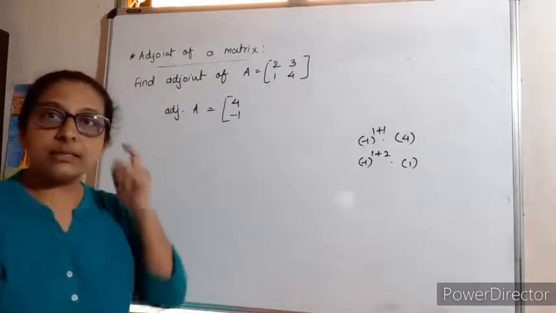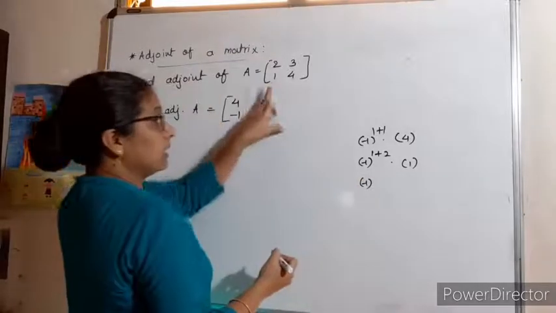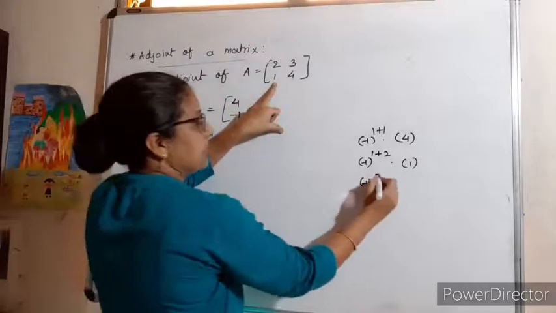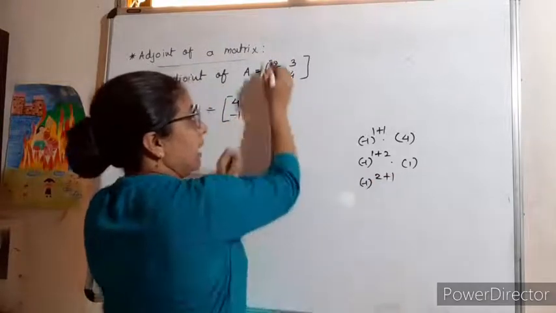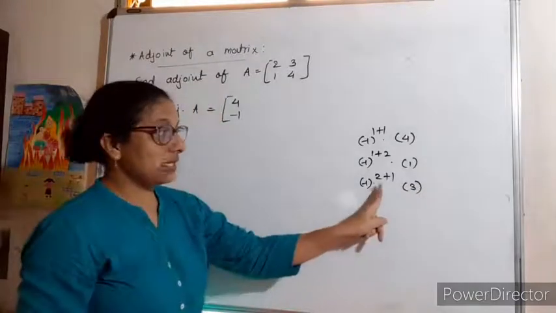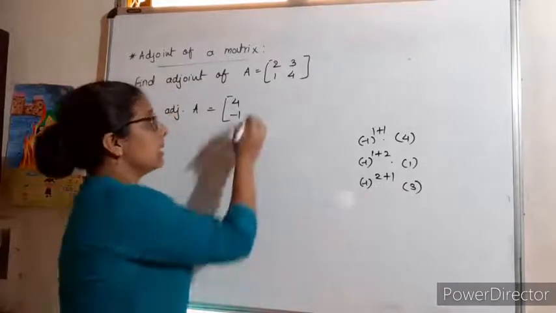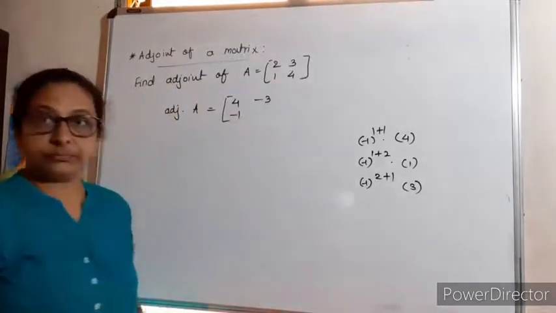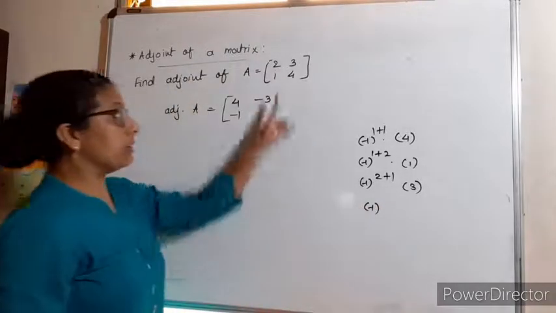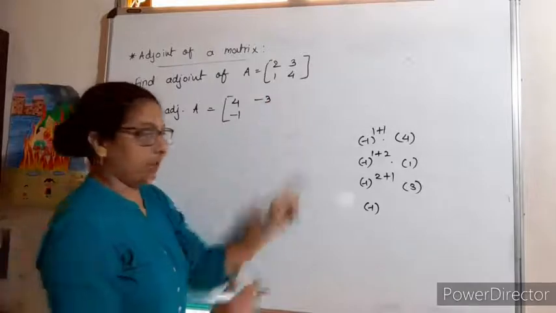You understand this? Okay. Now this one is minus 1 raised to second row, first column. Hide that and you will get 3. That is minus 1 raised to 3. Again you have to change the sign. This is minus 3. Here minus 1 raised to second row, second column.